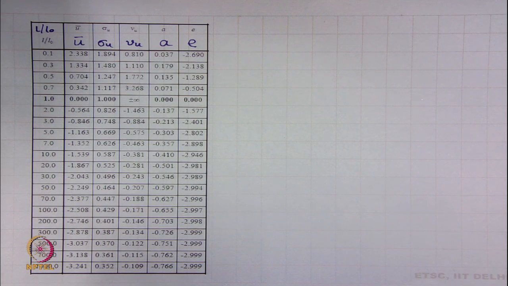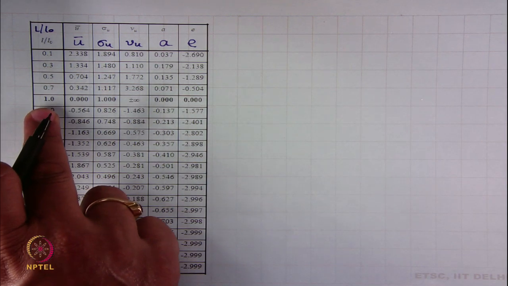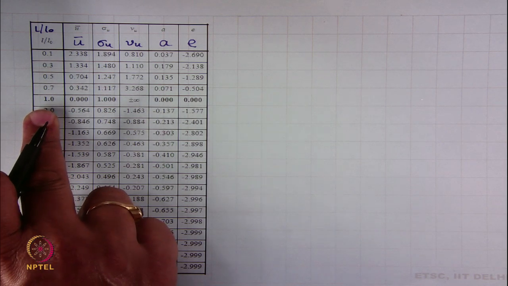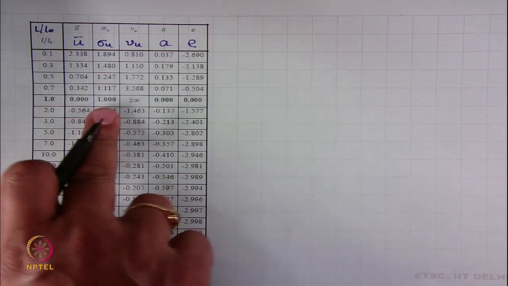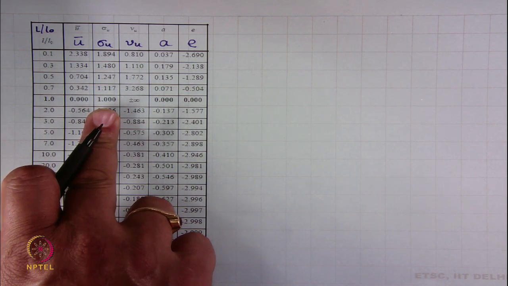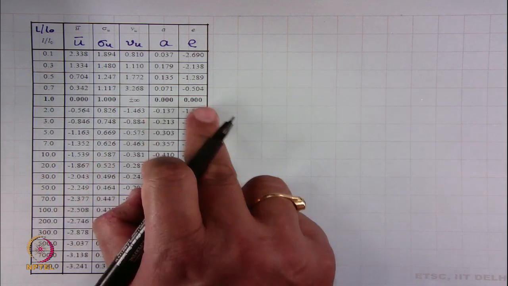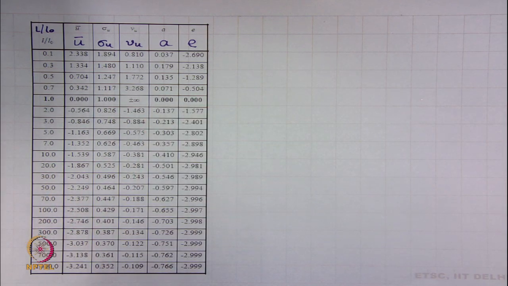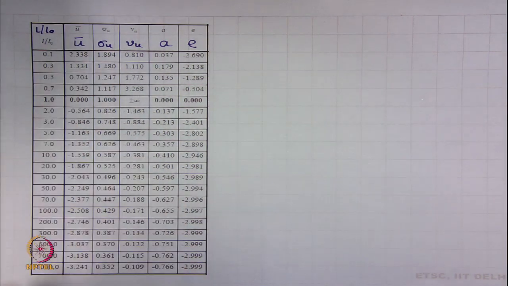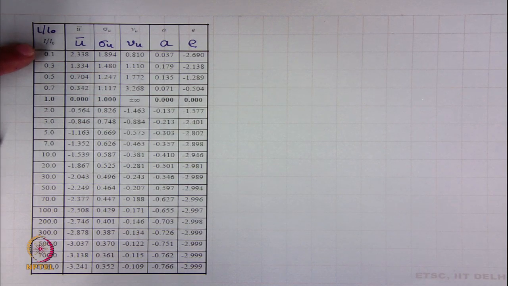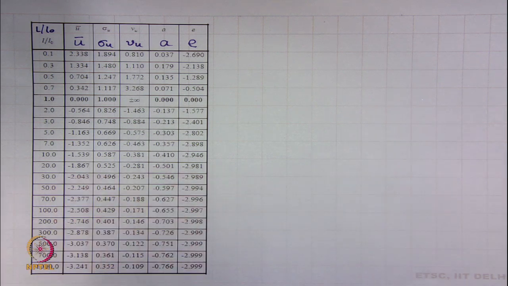Interesting to observe is that when it is one shorter length, mean is 0, standard deviation 1, this is plus minus infinity, a 0, e 0, because it is normal distribution, right, because it is normal distribution. So, in all other cases you see, starting from 0.1 to say as high as 1000, we can find out all this.